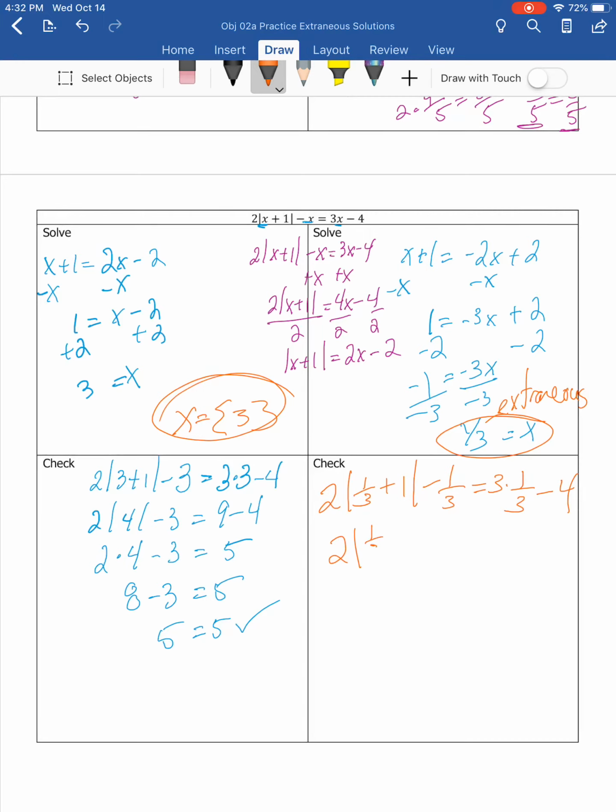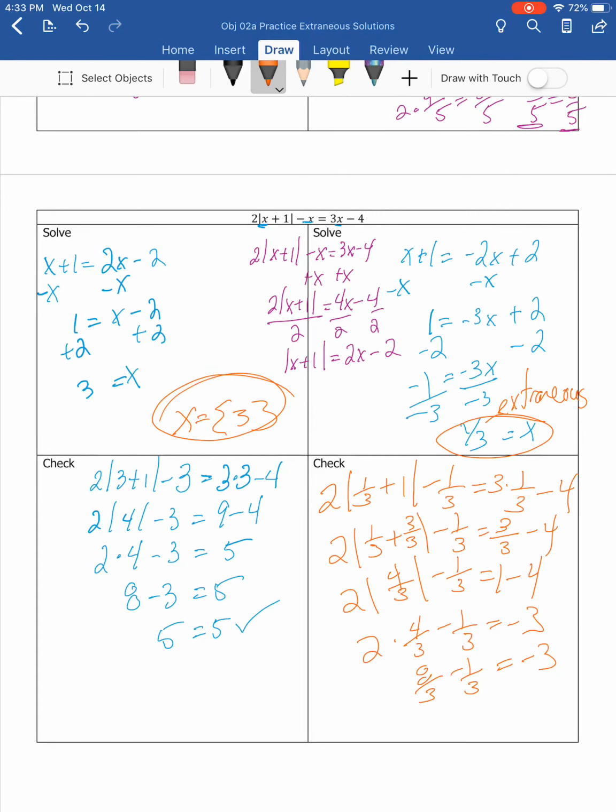So it's 2 times 1/3 plus 3/3 minus 1/3 is equal to 3 times 1/3 is 3/3 minus 4. 2 times 4/3, absolute value, minus 1/3 is equal to 1 minus 4. 2 times positive 4/3 minus 1/3 is equal to negative 3. 8/3 minus 1/3 is equal to negative 3. 7/3 is equal to negative 3.